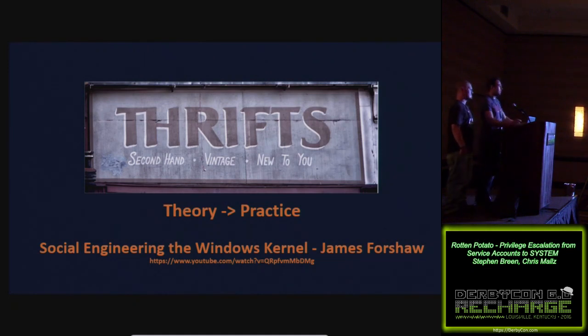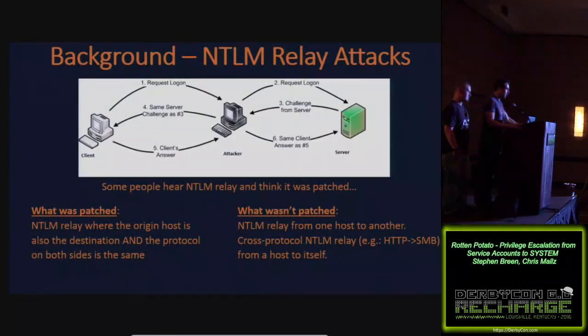So, jumping right into the background information on NTLM relay attacks for those that aren't familiar. NTLM authentication is how Windows does authentication over the network, or one of the ways that it does. In this situation, an attacker has somehow tricked a user into trying to authenticate to the attacker's server.